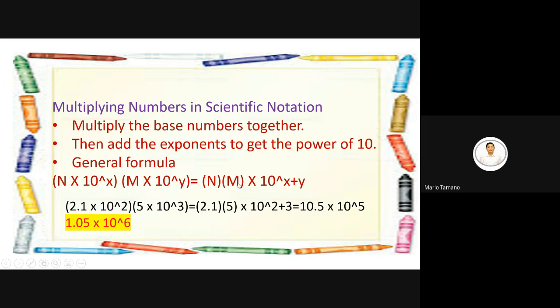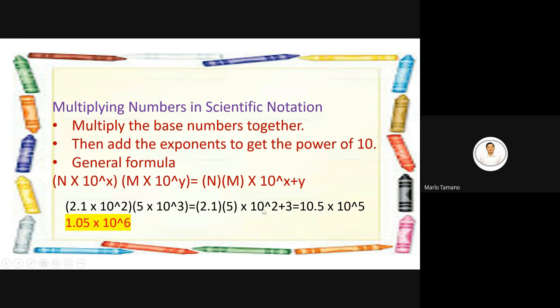Ito na po yon. Times 10, tapos yung exponent, pagpaplasin lang po. Add the exponent. For example, 2.1 times 10 to the second power times 5 times 10 to the third power is equal to 2.1 times 5. Itong dalawa lang to. I-multiply.